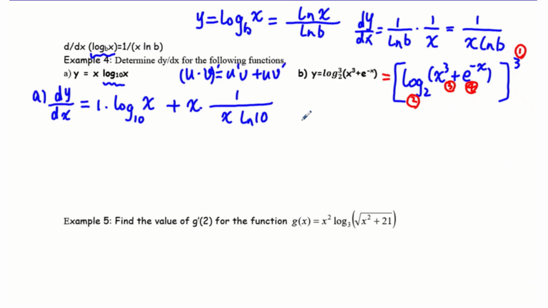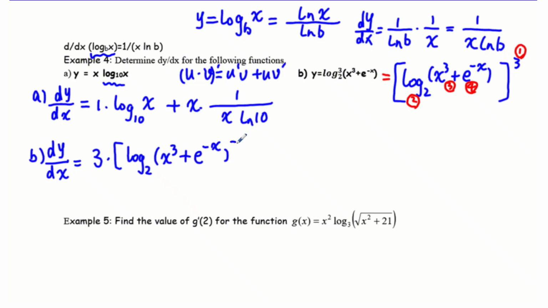Okay, so question B, dy over dx. The power 3, take the degree to the front, then we don't change the base, just copy the base here. Then degree minus 1.